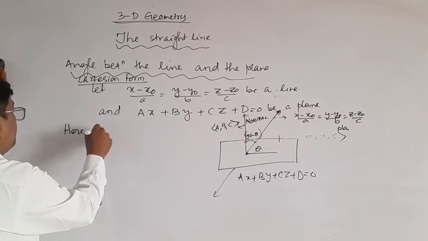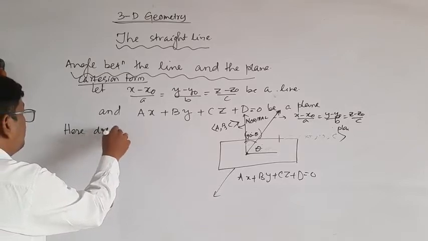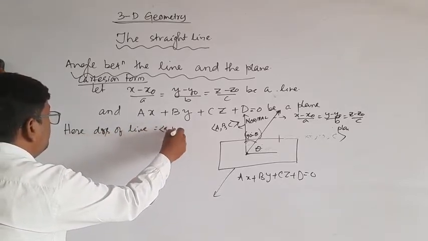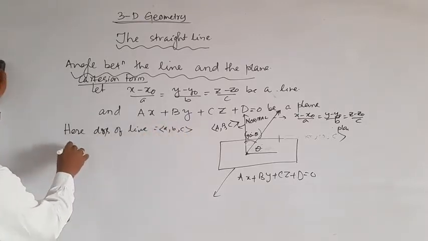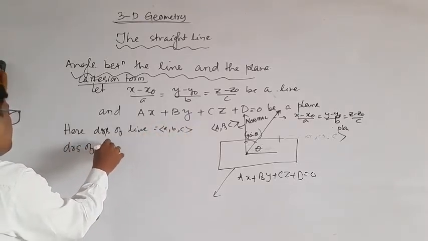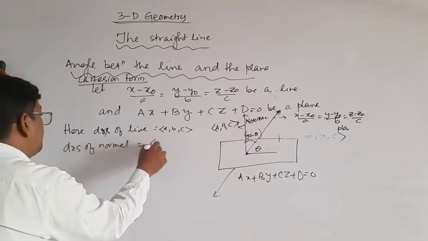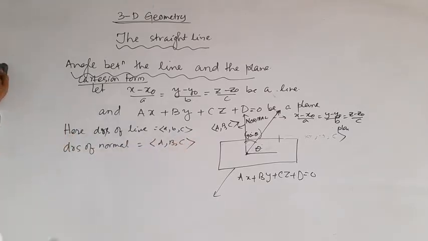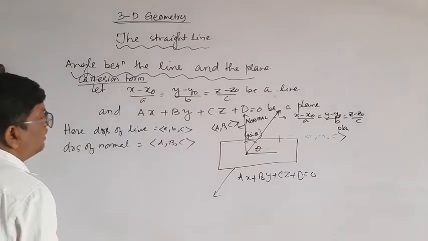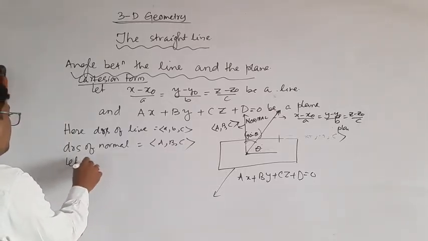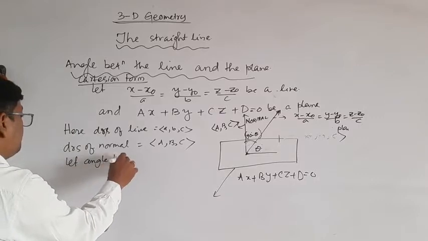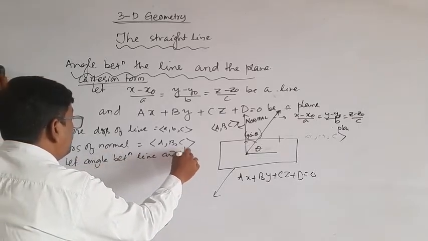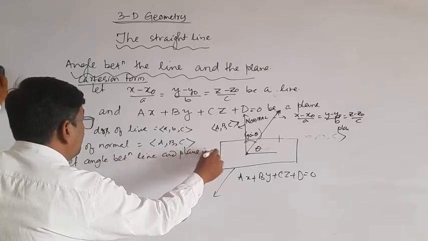The DRs of the line are small a, b, c, and the DRs of the normal are capital A, B, C. Let the angle between line and plane be theta.